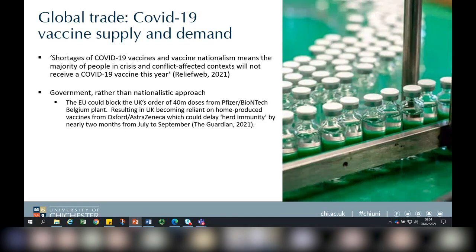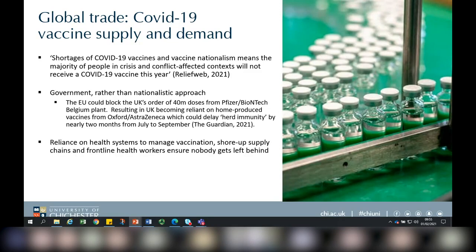Thankfully, when I was preparing these slides, we weren't quite sure what was going to happen, and there was the threat of blocking 40 million doses. Thankfully, they seem to have backed down a little bit, but there are still political sensitivities over supply and demand, and there probably will be over the next year.